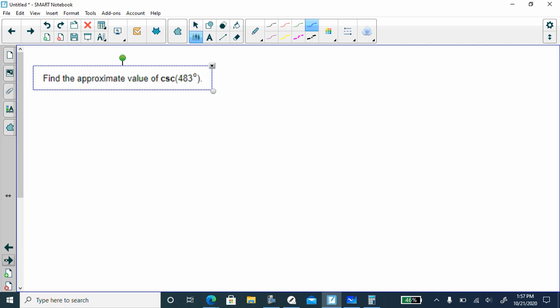Okay, find the approximate value of cosecant 483. If we pull out a calculator, it's most likely only going to have sine, cosine, and tangent on it, and then the inverses. So if we need to find cosecant of 483, we need to ask ourselves what that is related to. Cosecant is the reciprocal of sine.